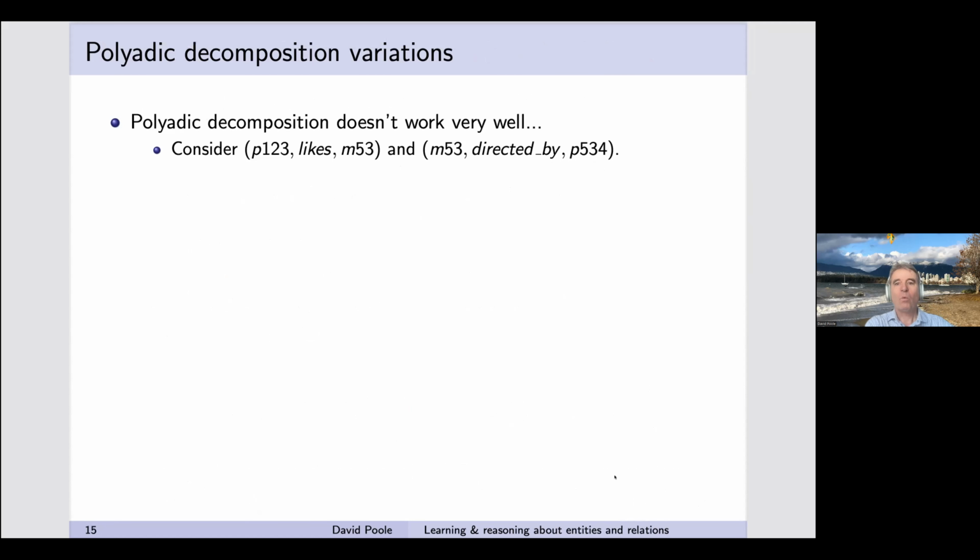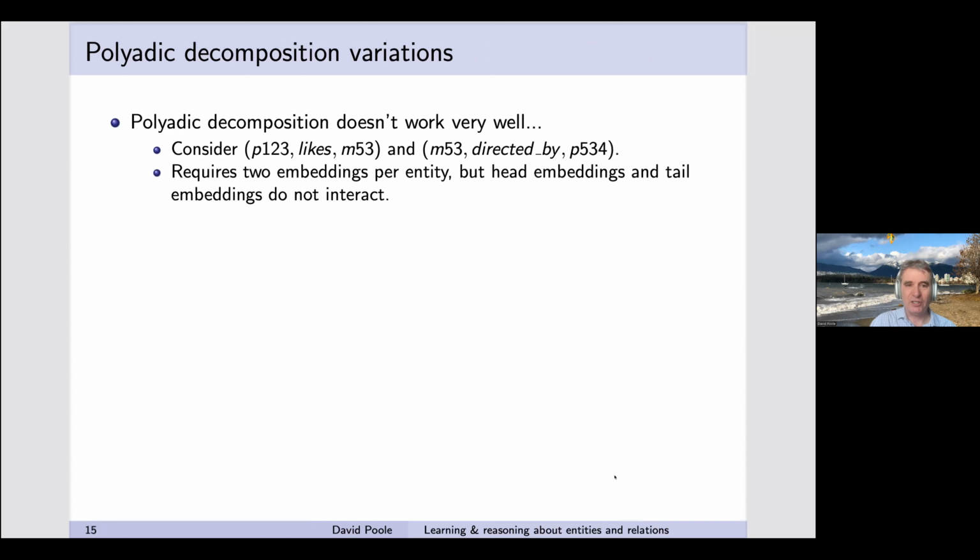Here's why it doesn't work very well. Consider that person 123 likes movie 53, and movie 53 is directed by person 534. Now, what happens in the Polyadic decomposition is there's an embedding for M53 when it acts in the tail, and an embedding for M53 when it acts in the head.